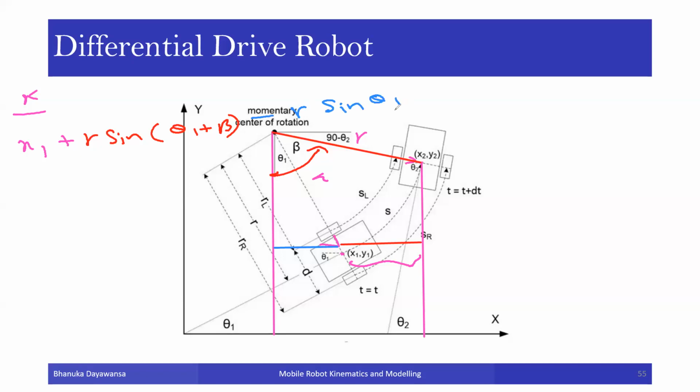Or if we want to go with the cos terms as earlier, then it is r cos(90 minus θ2), which becomes simply cos θ2, and then minus r sin θ1, or simply r cos(beta plus 90 minus θ2). Both are the same expressions, but you can use whichever you want.